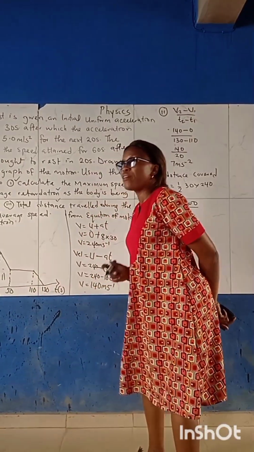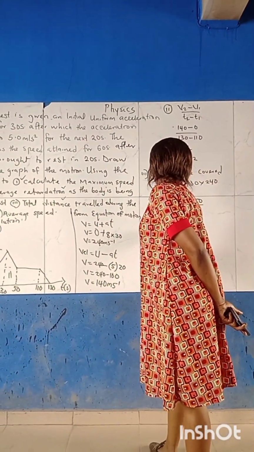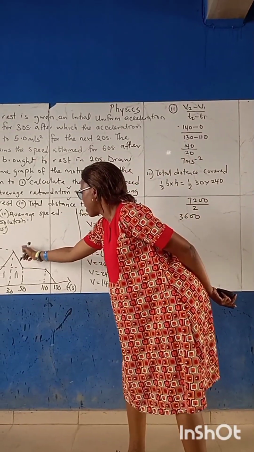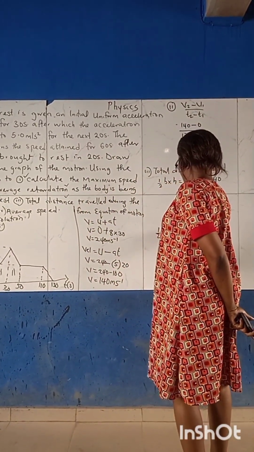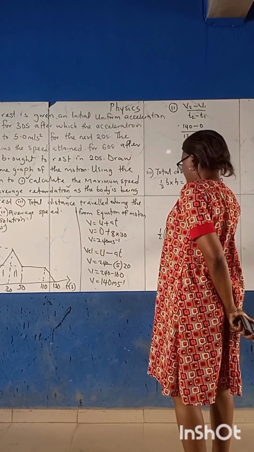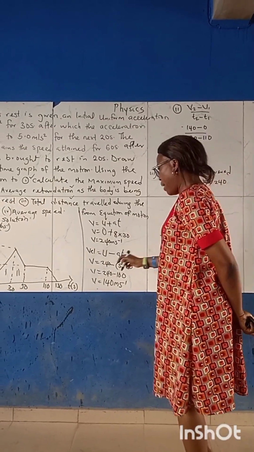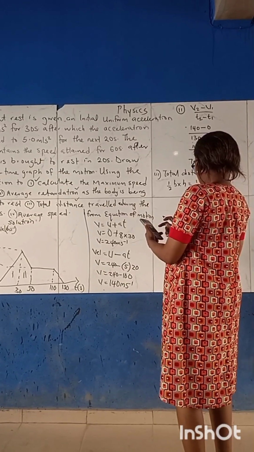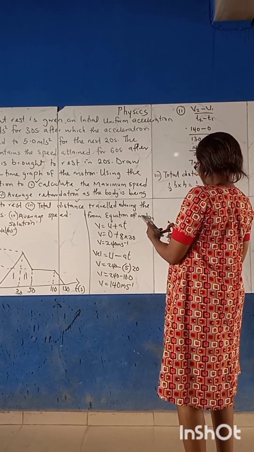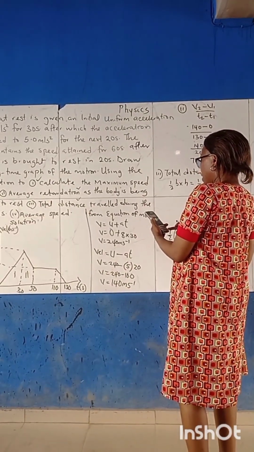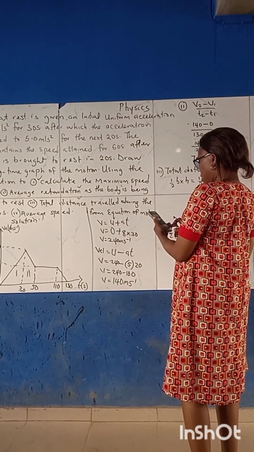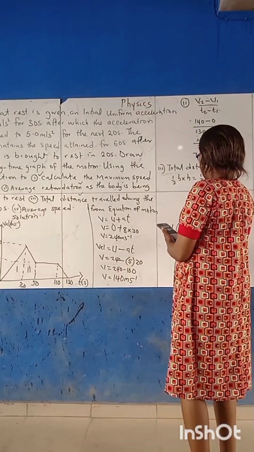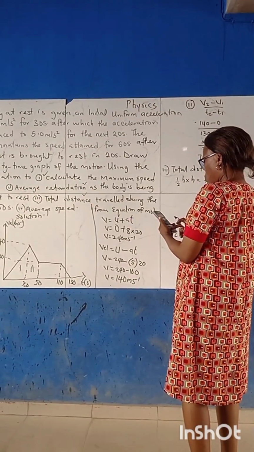Then the second one, area of a trapezium. The second shape, that's half the sum of parallel sides times height. These are the parallel sides, 140 plus 240, and my height is 20. 140 plus 240, that's 380 multiplied by 20. That will give me 7,600 divided by 2.